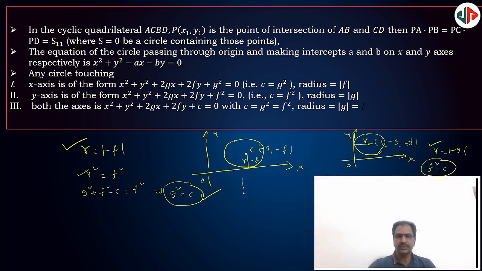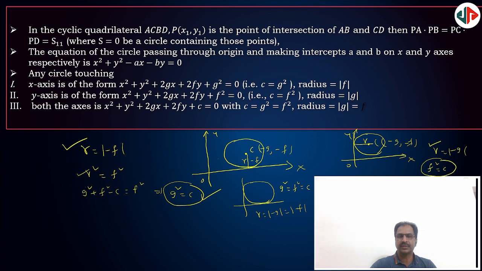Suppose if a circle touches both the axes like this, then you have to remember r is equal to mod of minus g, and that is also equal to mod of minus f. And here we got g square is equal to c, there you got f square is equal to c, here you will get g square is equal to f square is equal to c.